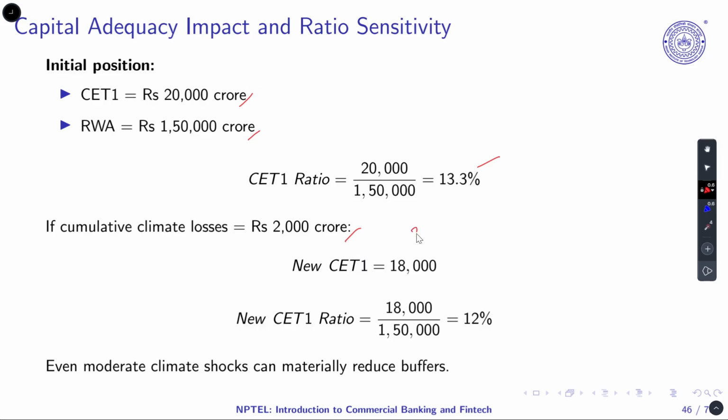So 20,000 minus 2,000, the bank is left with 18,000 crore. Now the common equity tier 1 ratio has come down further to 12% only. This is the risk that we see. So in stress testing, you have to make sure that it stays at this level, otherwise it will create trouble.